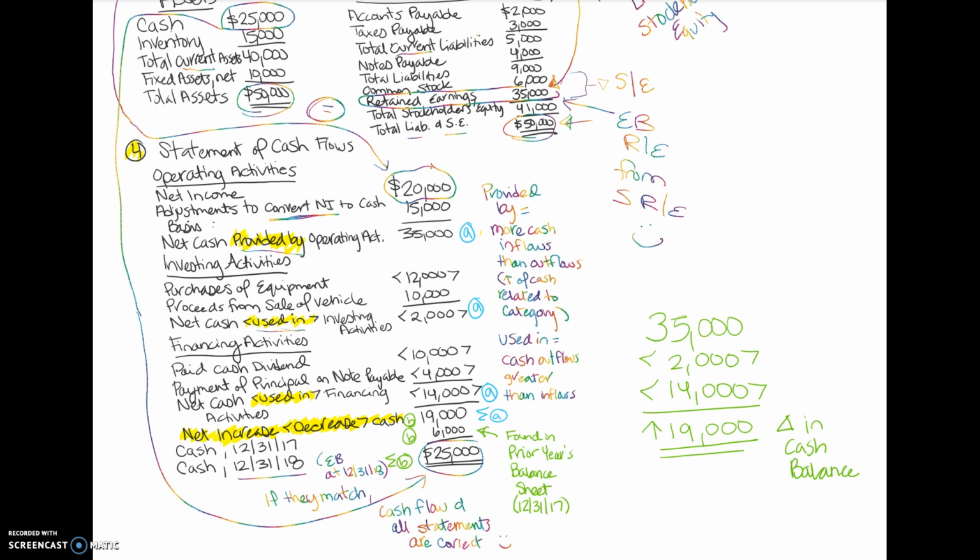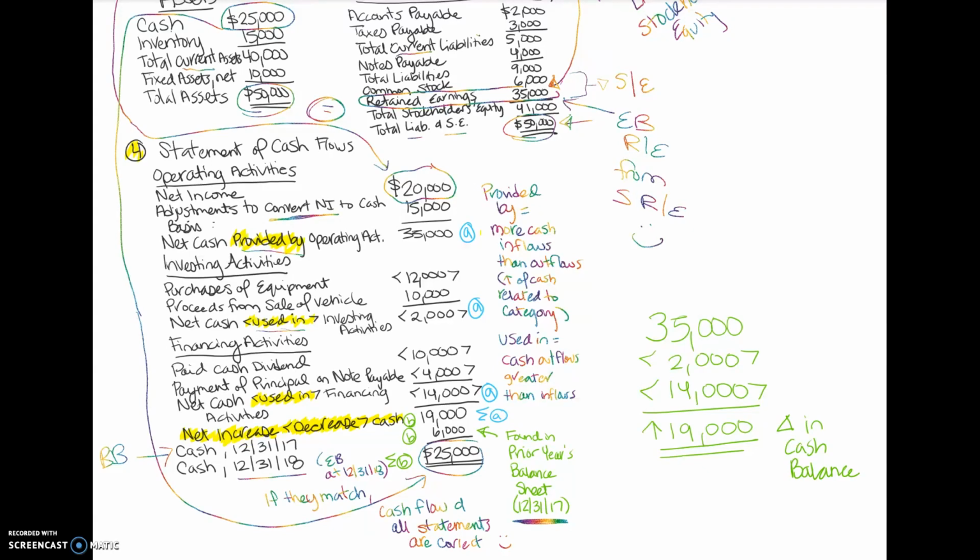The last two steps are you're going to first include your beginning balance of cash, what you started the period with. And where are you going to go? You're going to go to your opening balance sheet, which is your prior year balance sheet, dated 12/31/17. So at the end of 2017, you had $6,000 in cash.